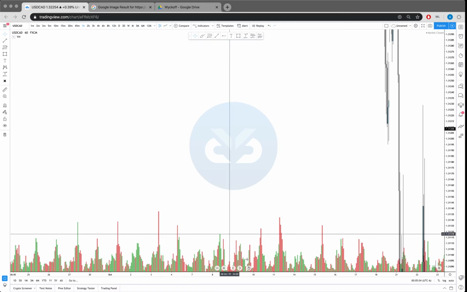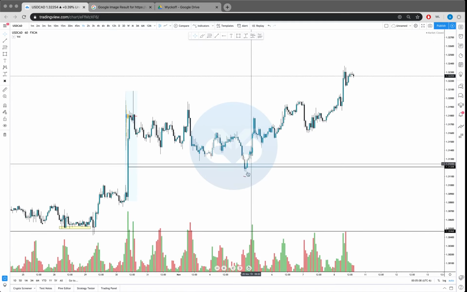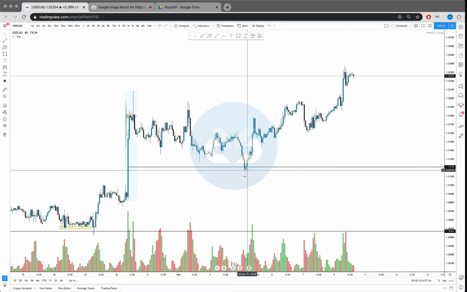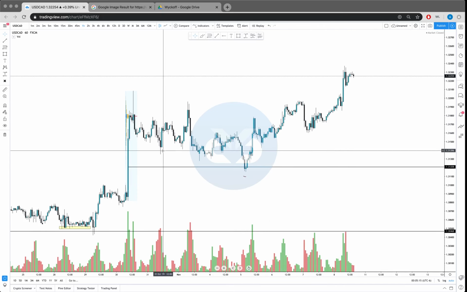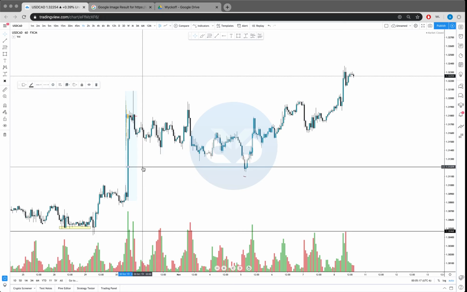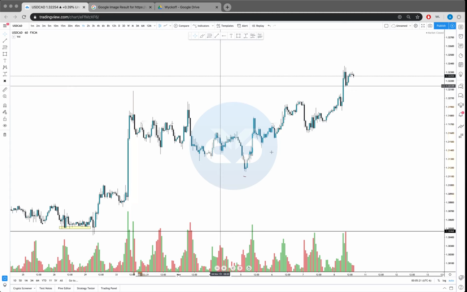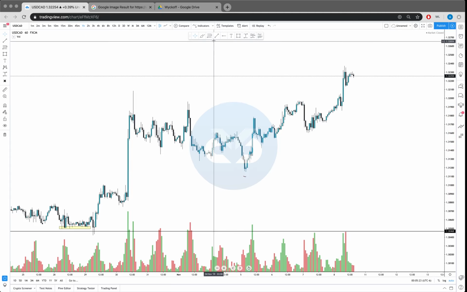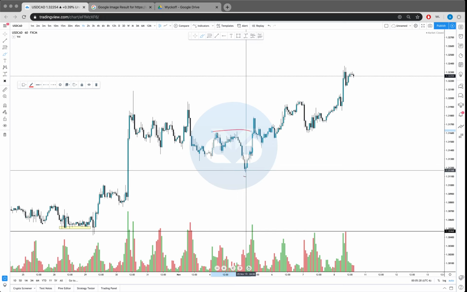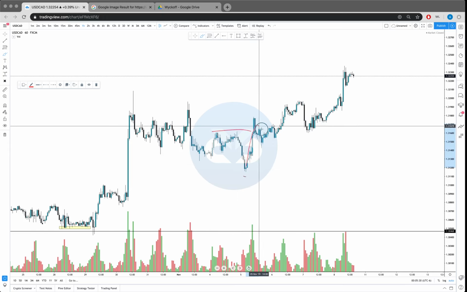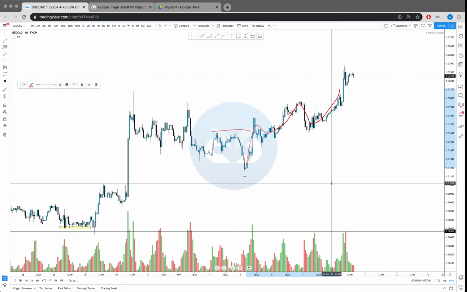So now that that's out of the way, you see how we would have entered in this scenario in order to continue higher. Let me delete this. So now you caught your spring, and not only that, but you took out your structure. As you can see, price is starting to move up.